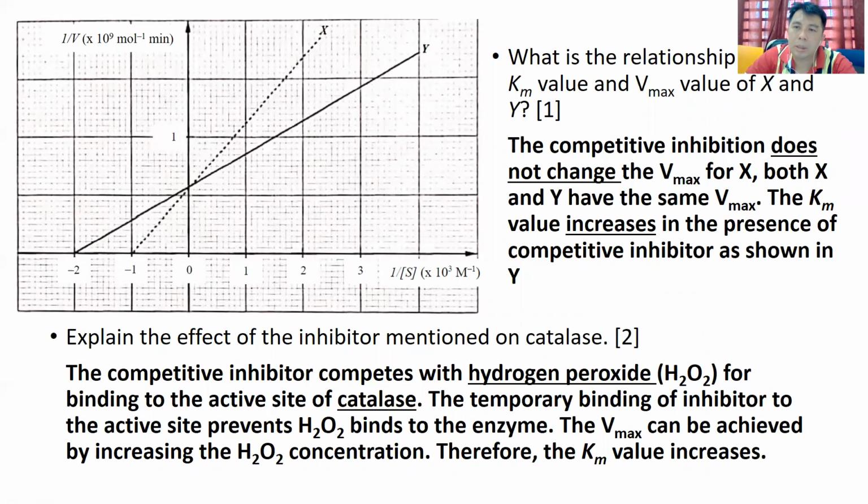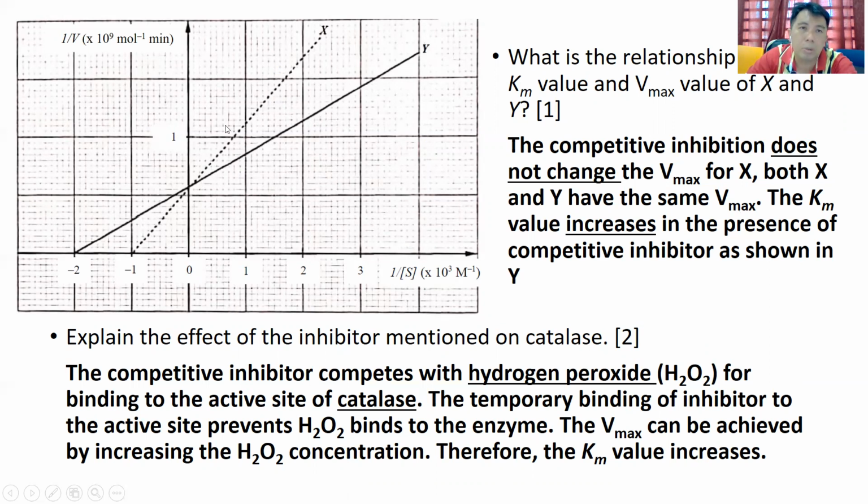Then next question: what is the relationship between Km value and Vmax value of X and Y? Relationship, X and Y, Km value and Vmax. So competitive inhibition does not change the Vmax, because the Vmax still remains the same for X. So both X and Y have the same Vmax.